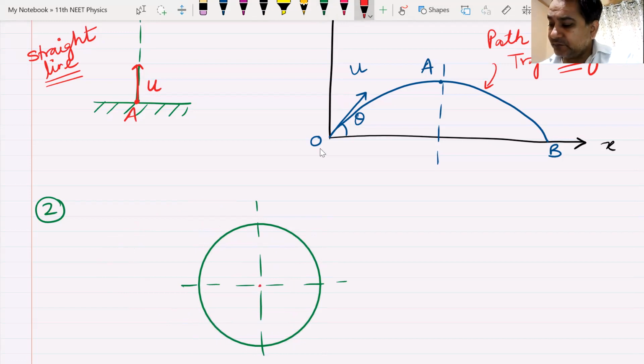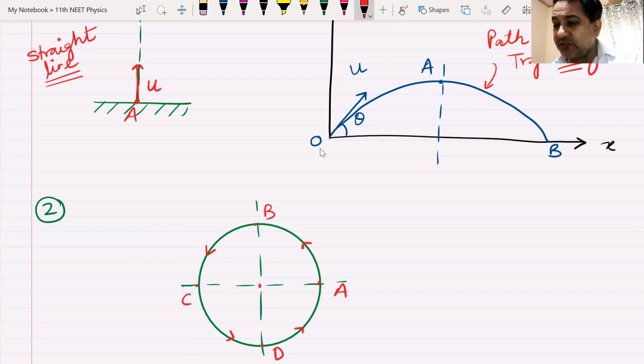A particle is moving like this from A to B, from B to C, from C to D, from D to A. I ask you a question. What is the trajectory of this particle? What is the path of this particle? What type of path does this particle follow?